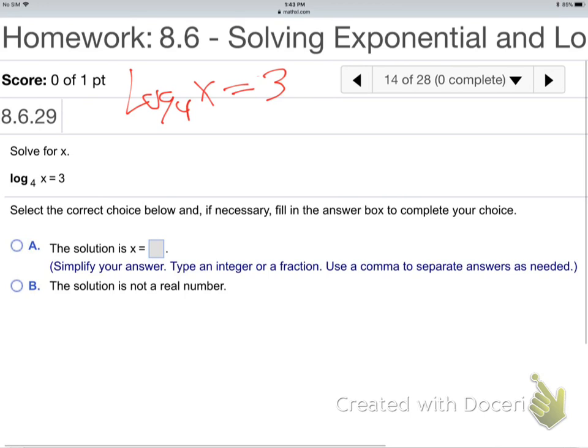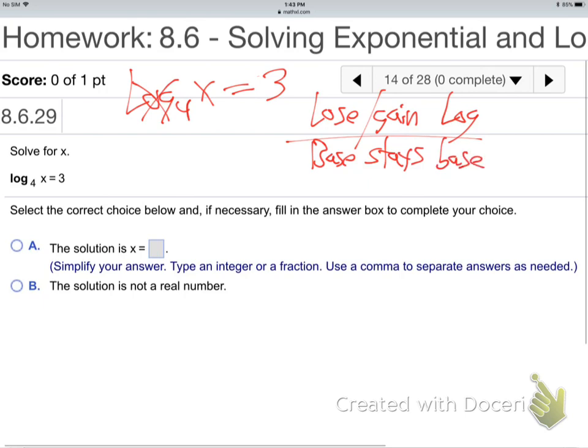What did we learn about when we cross off the log? Remember what we learned? Whenever you lose or gain a log, the base stays the base, the other two switch.